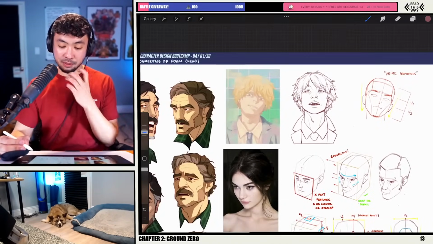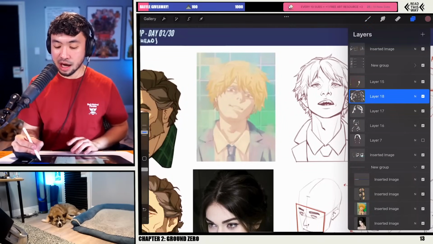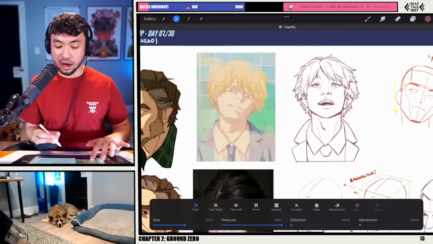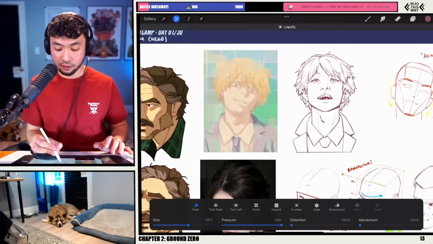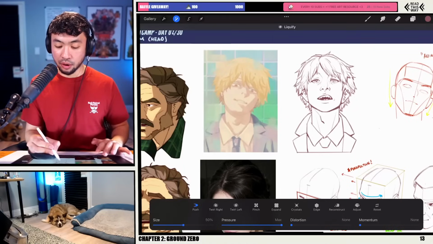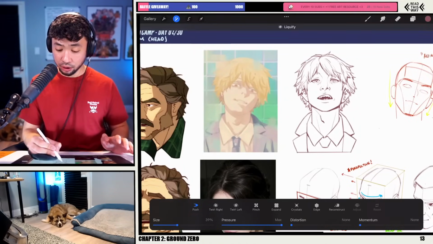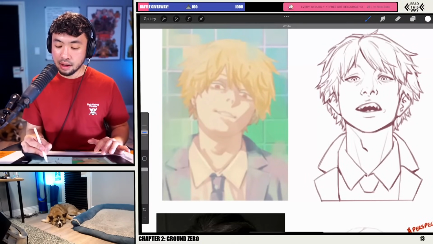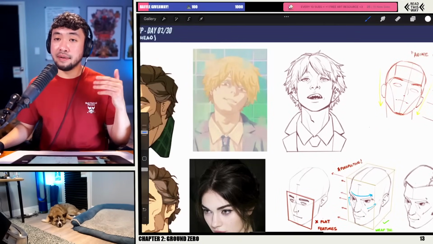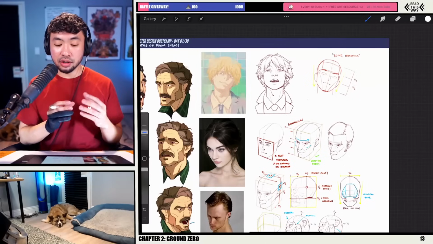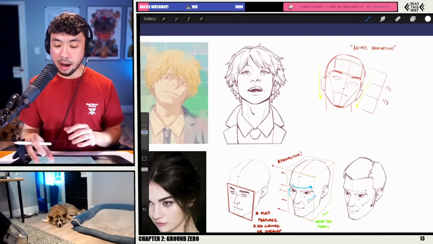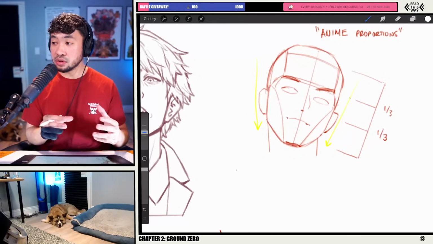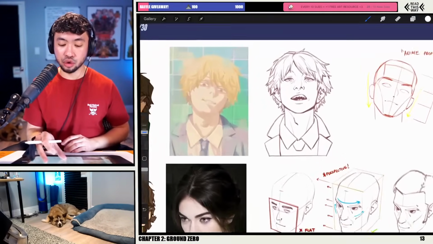Again, I wanted to show you guys, the main reason why I chose this reference today was not because I wanted to draw Denji. I wanted to show you guys that despite whatever style you're going for, whether you're going for a more anime style or a more realistic style, having good general proportions and good general structure is always going to be pretty consistent there. Even if you take a look at the anime proportions that we broke down here, the proportions are still relatively the same and they still hold true.